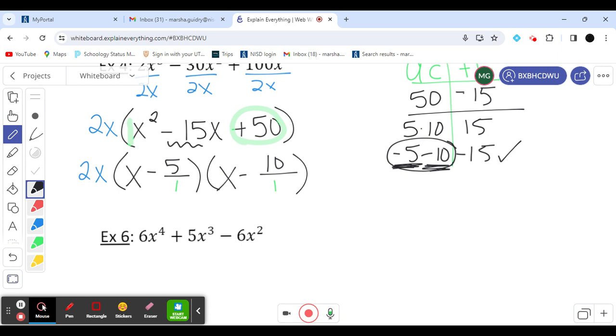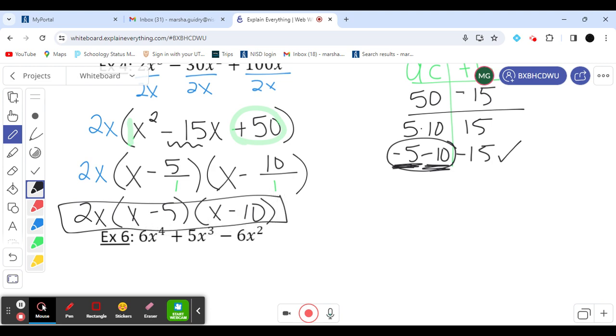Well, 5 divided by 1 is just 5, and 10 divided by 1 is just 10. So our final answer is 2x times x minus 5 times x minus 10. We don't have a denominator left to swing forward, so we're finished. Hopefully that helps.